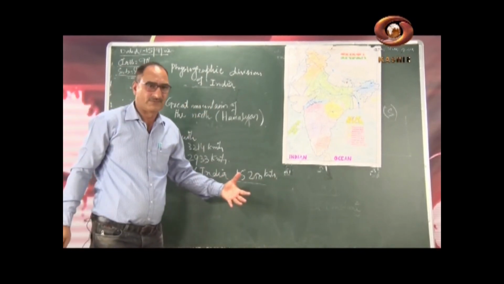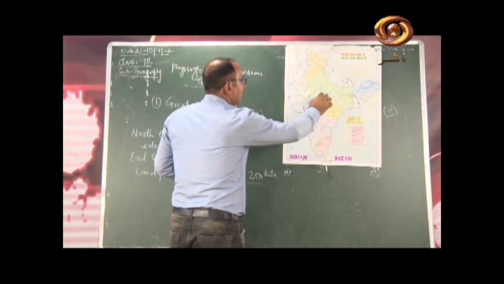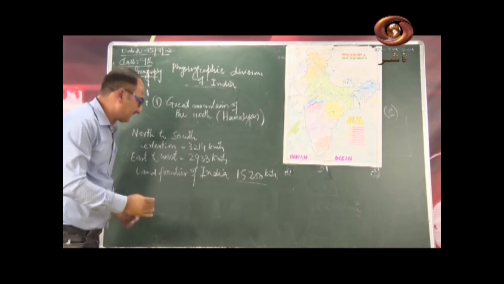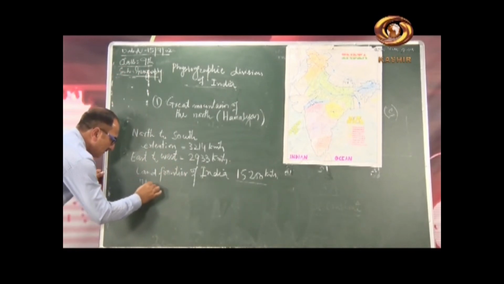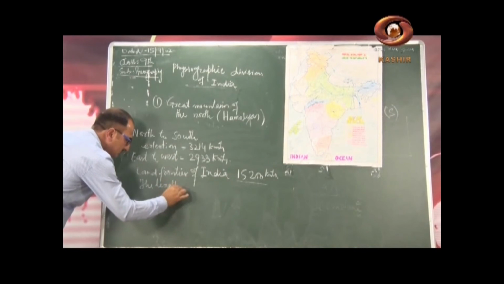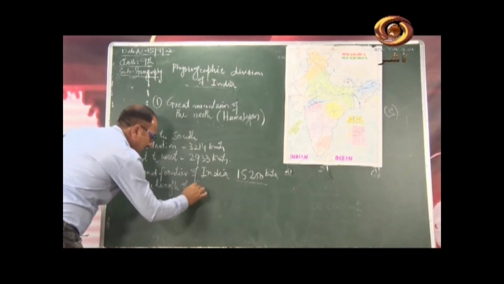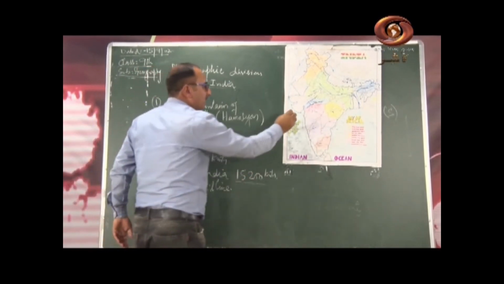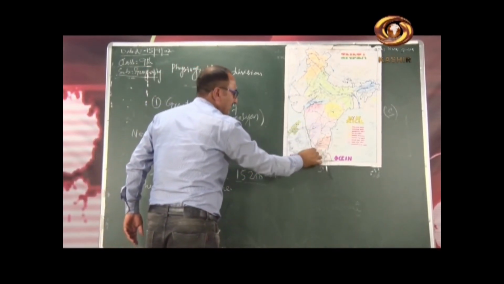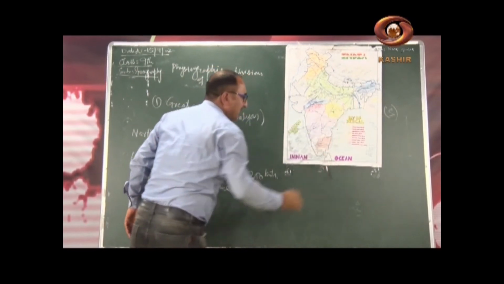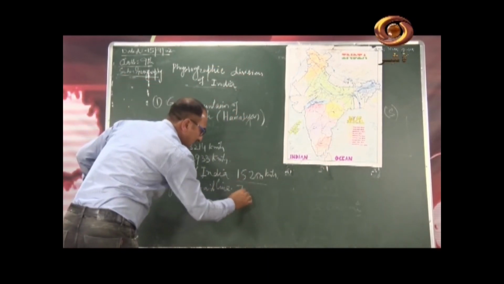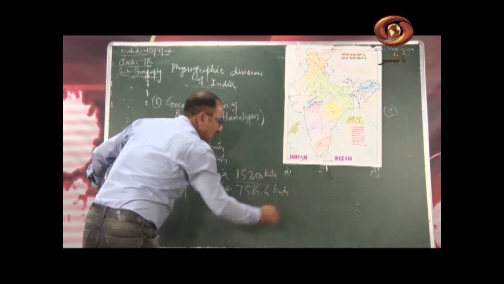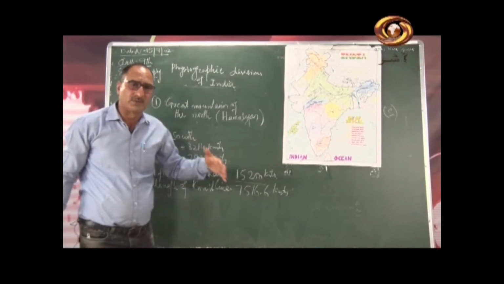The length of coastline of India is 7,516.6 kilometers, including Andaman Nicobar Islands.